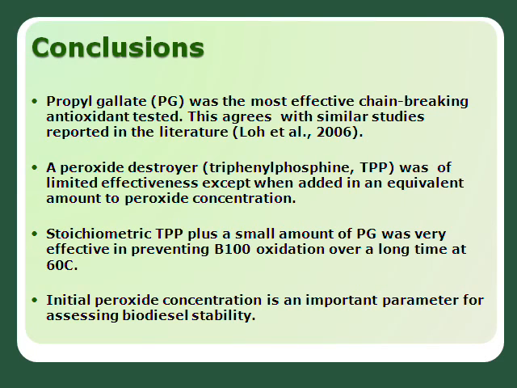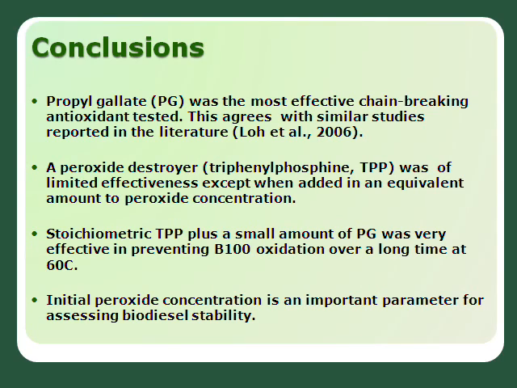So, in conclusion, chain-breaking antioxidants work pretty well. Others in the literature have also said propyl gallate is very effective. Triphenylphosphine is not typically added to diesels or biodiesels as far as we know, but it does something when you add it.